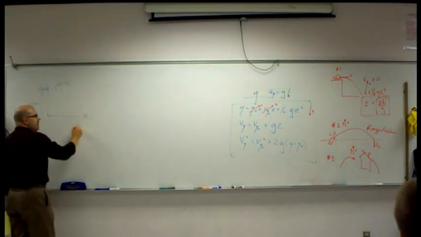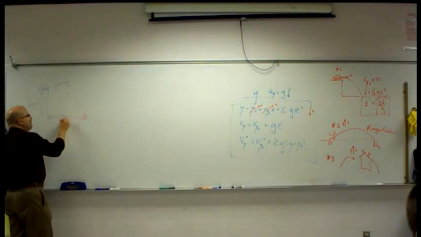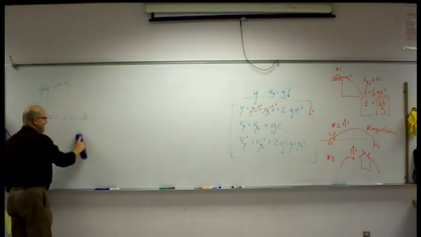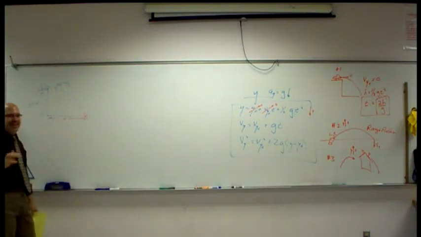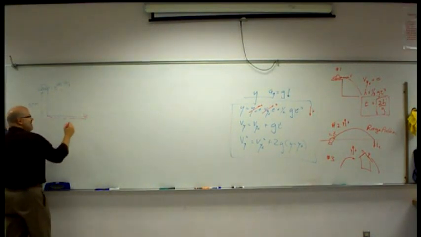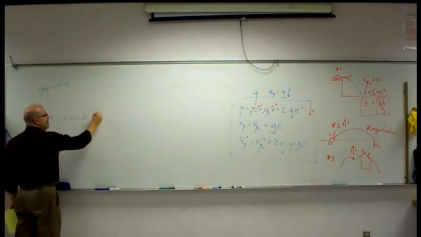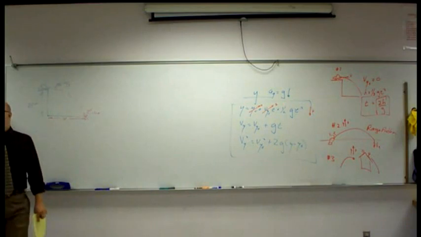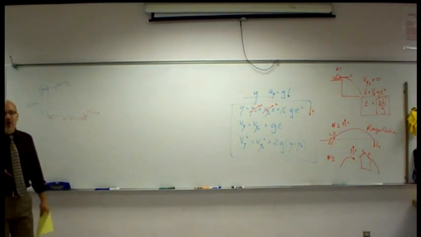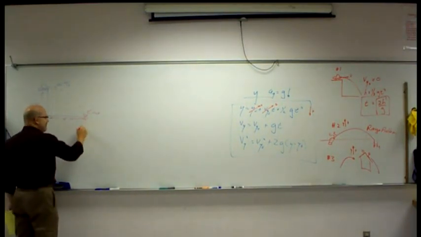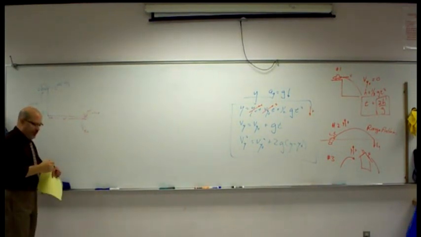So how long does it take you to hit the ground? Time to hit, and where do you hit? And then I want to know, at what velocity do you hit? There you go, those three things.